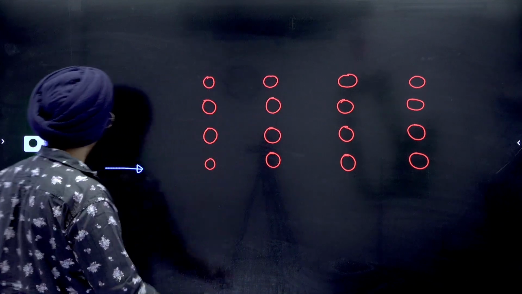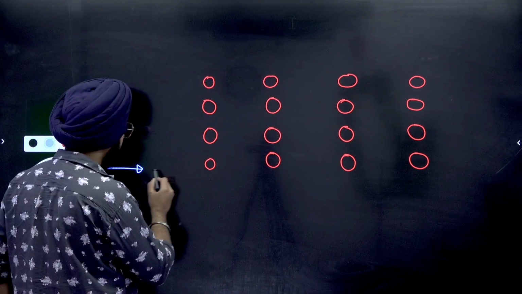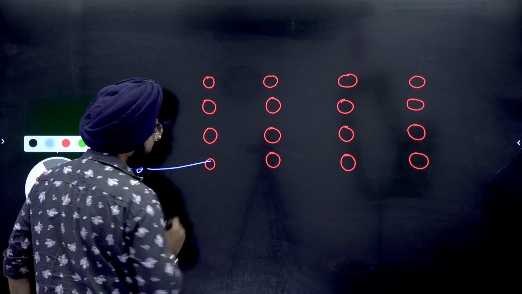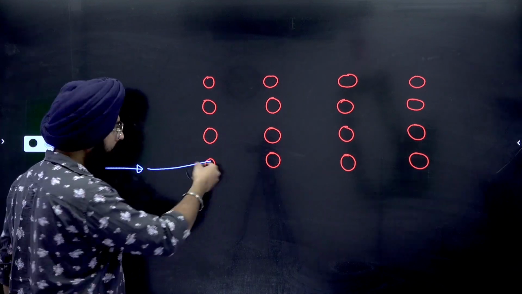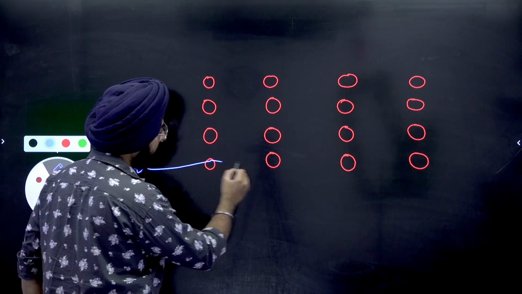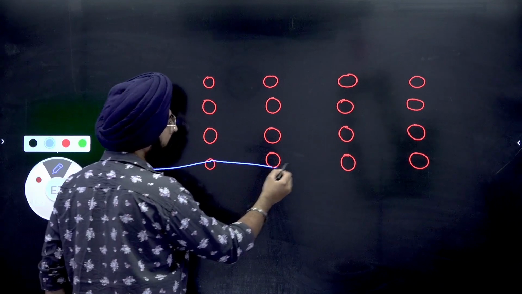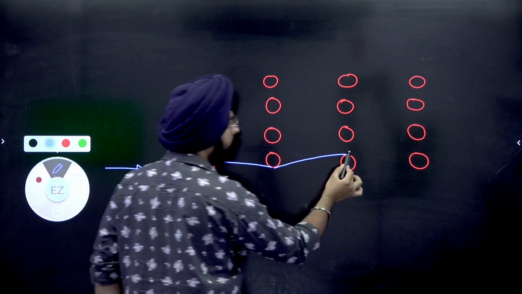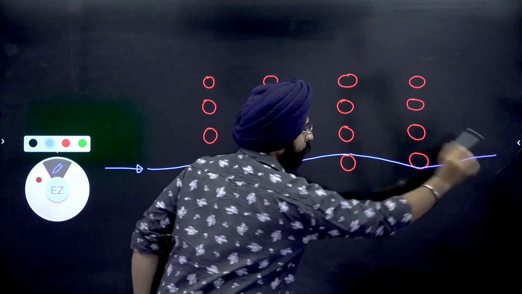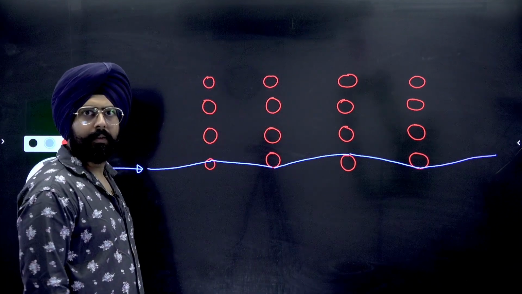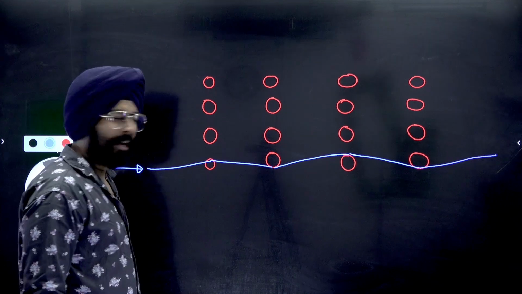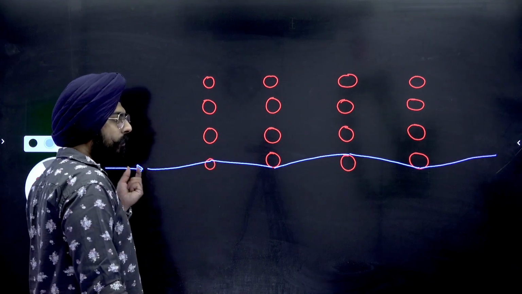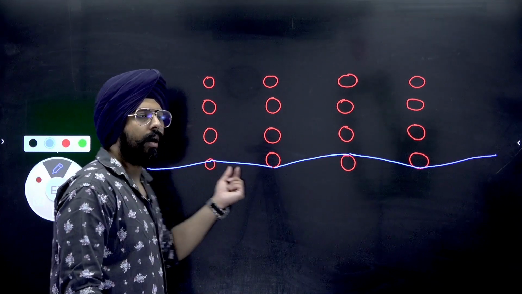So what is going to happen over here if I shine light in this direction? Let's say it comes and interacts with this particle first. It bends a little, interacts with this particle, bends a little, interacts with this particle, bends a little, and so on and so forth. You can imagine as if you are driving a car.